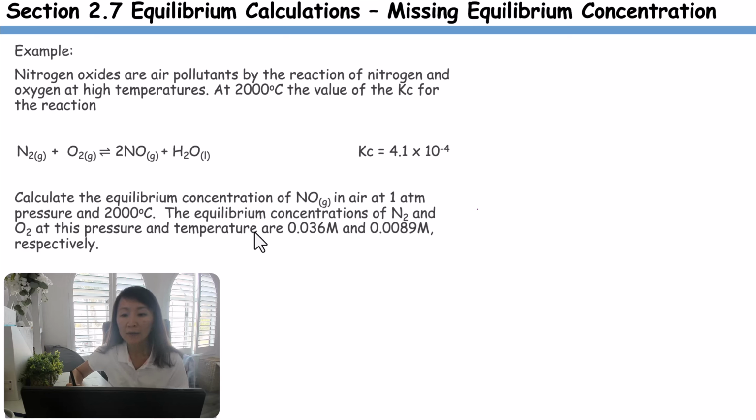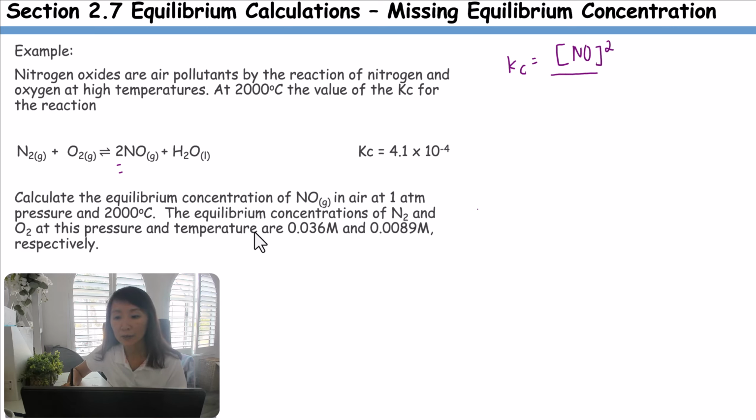Let's go ahead and find out what Kc exactly equals when we set it up in that equilibrium equation. So we have the product, which is nitric oxide, and it's to the second power since the coefficient is 2. We do not include water since water is liquid.